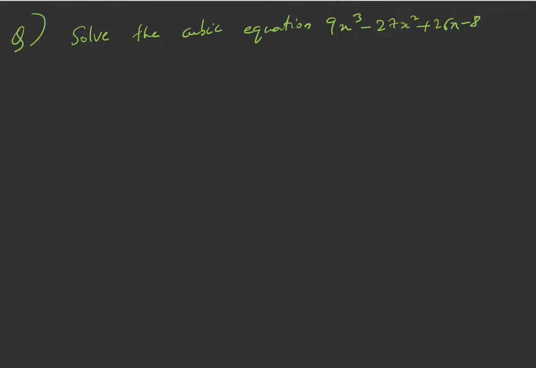So let us move and solve one more problem. So it is given: solve the cubic equation 9x cube minus 27x square plus 26x minus 8 is equal to 0, and it is given that one of the roots of this equation is double the other.